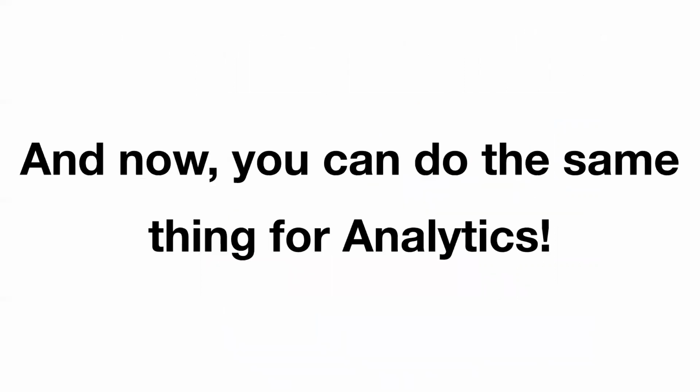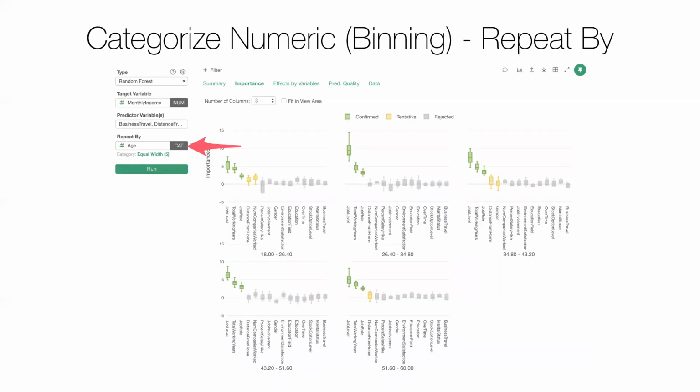Okay, so now this capability has been extended to analytics. Let's say you want to create a random forest and see variable importance. In that case, you can assign a numerical variable to repeat by, and this will create, by default, 5 age groups and separate the data, creating a sort of partition. Then for each partition, it builds a random forest model and gives you the variable importance for each age bucket.